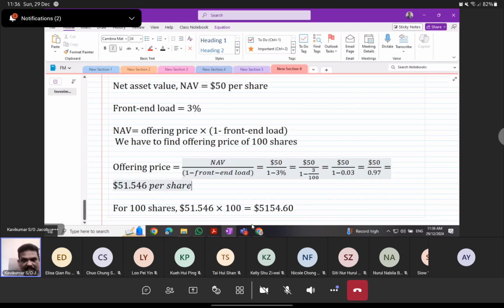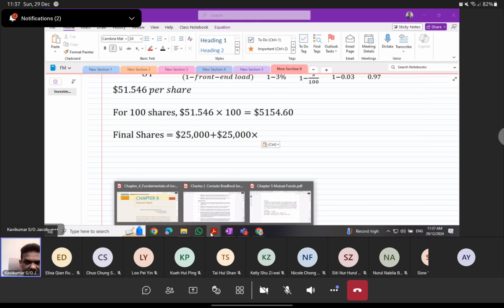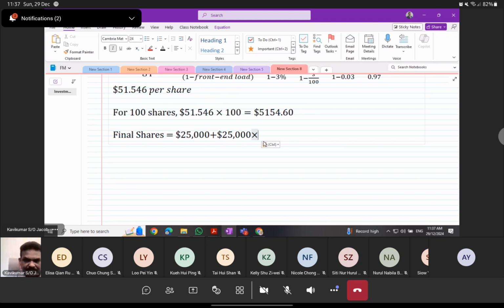So which means the final shares: actually you invested 25,000 plus you will get some percentage appreciation, right? What is the appreciation? 6.9%.